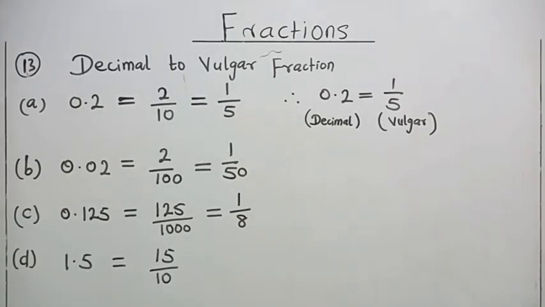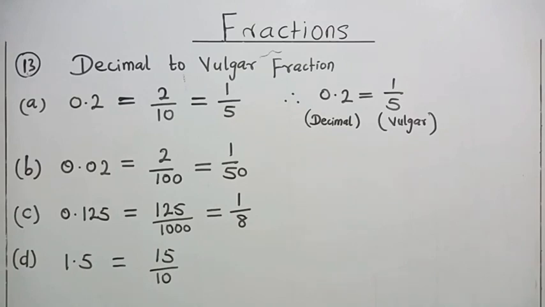An example comes, it is 1.5. This is not a pure decimal. If you watch the previous examples, they all began with 0, but this began with 1. The implication is that this is not pure decimal. It is just after this dot we have decimal. The first part of that expression is a whole number. Therefore, this is better referred to as mixed number.